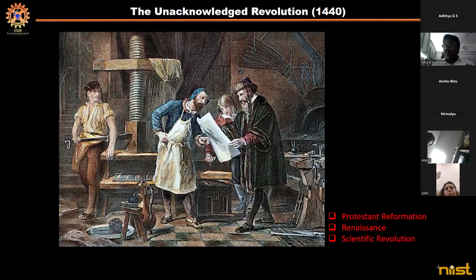The reverberations and consequences of this revolution are, for example, the cultural awakening that happened in Europe, called the Renaissance, the Protestant Reformation, and the most important thing, the scientific revolution.